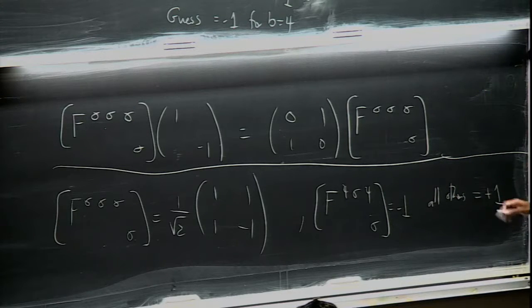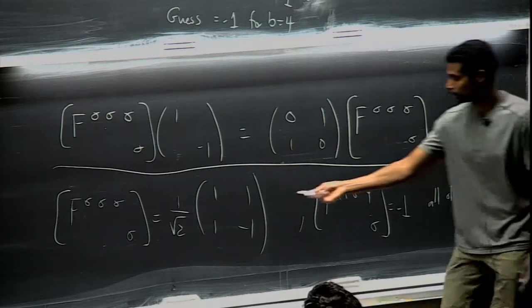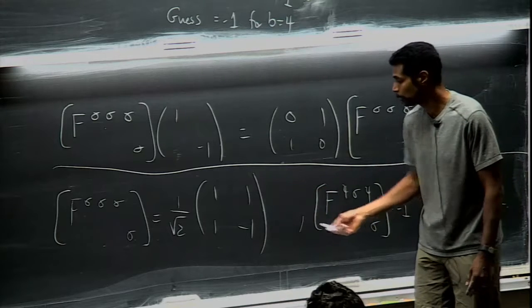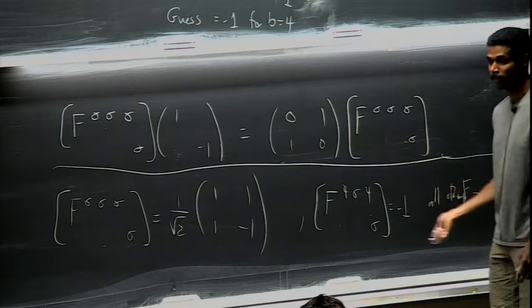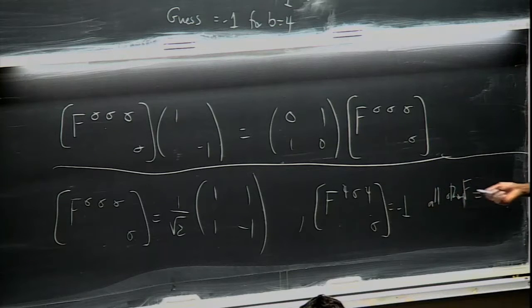All the other f's, which are 1 by 1 matrices, are equal to +1, and this is the one other non-trivial. So two non-trivial ones, all others +1, is a consistent solution to this equation. If we apply the other possible choices of external legs, we'll see that in fact this is the only consistent solution to this equation. You would have gotten stuck.